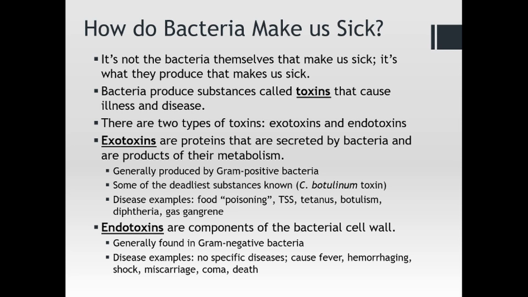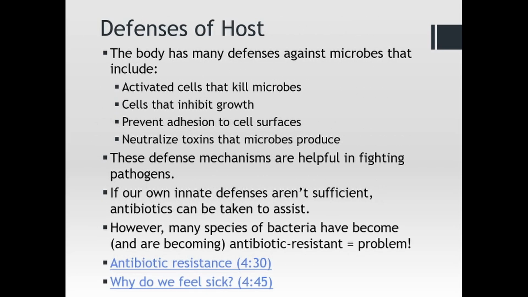Again, not a specific disease, but these are all deadly conditions that are caused by endotoxins, again generally from gram-negative bacteria. And there are different types of these toxins as well, which I'm not going to get into because, again, this is introductory.